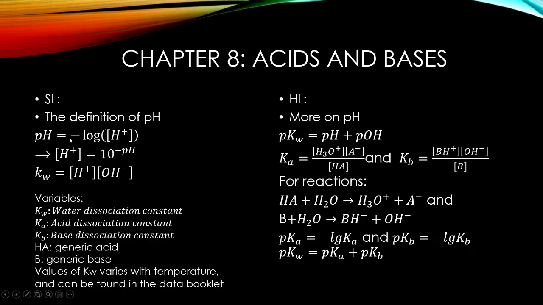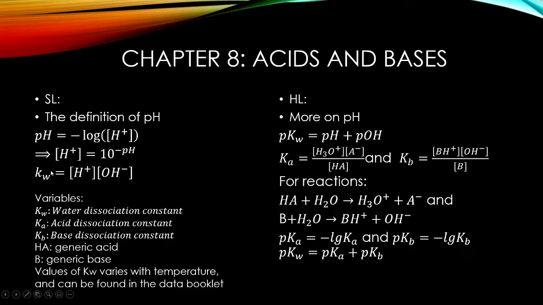Now, if we want to find the concentration of protons instead of just the pH, we can rearrange the equation by dividing by -1 and then taking 10 to the power of what we have on the left side, and it rearranges to this equation, where hydrogen plus concentration equals 10 to the minus pH.